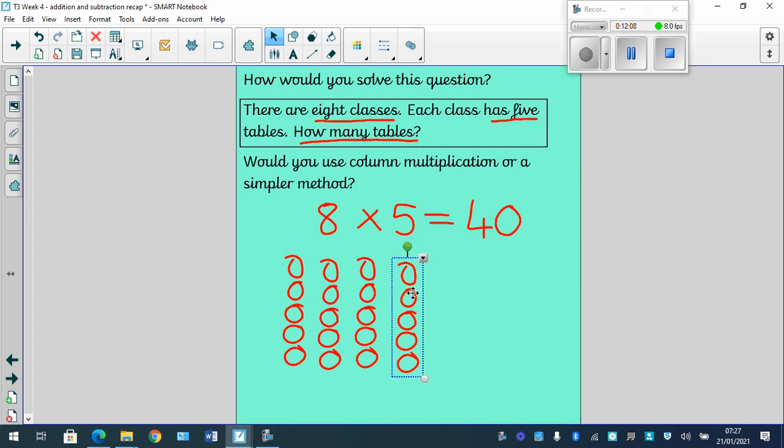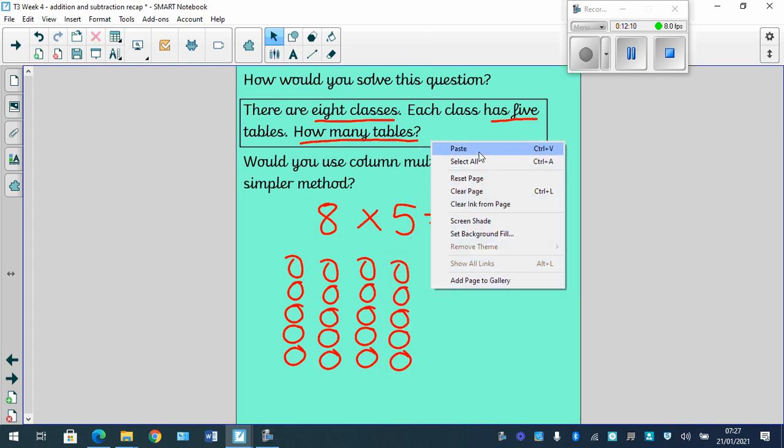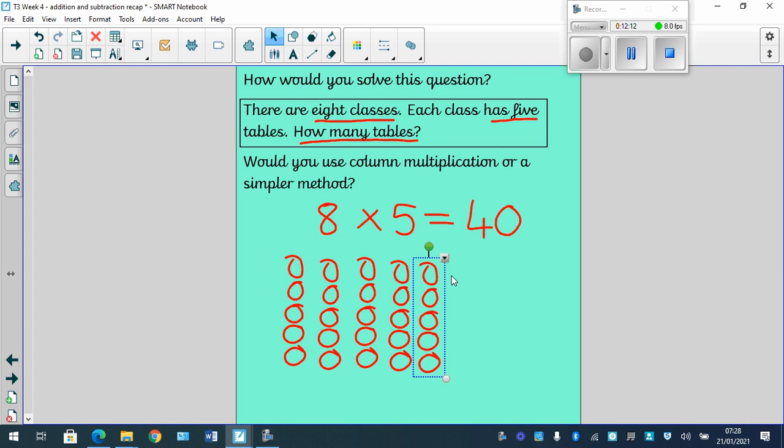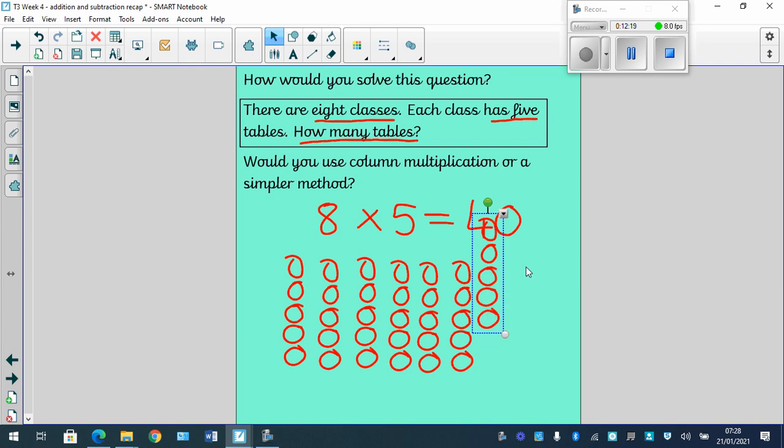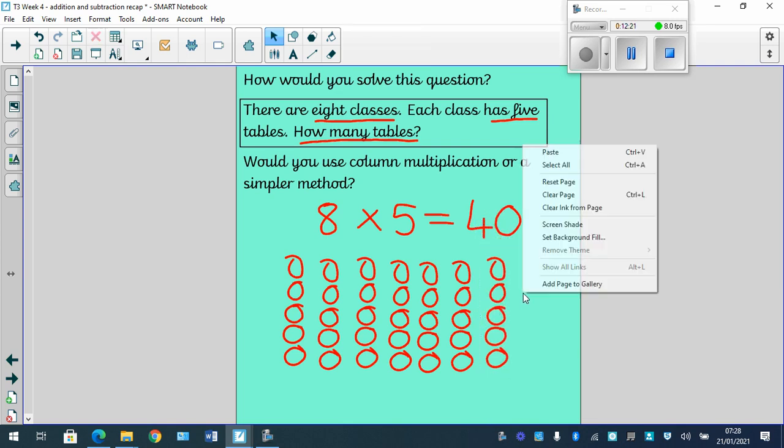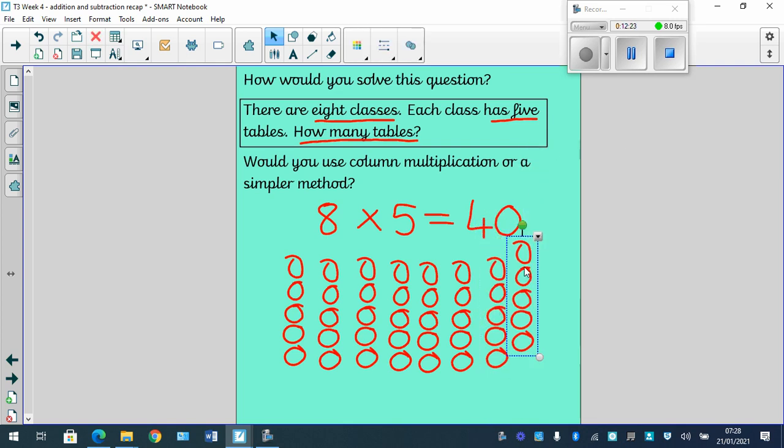Here's another one. Here's another one. And arrays are really good at demonstrating repeated addition.